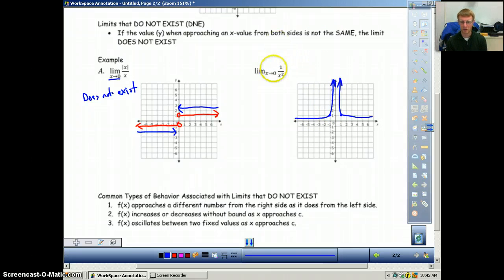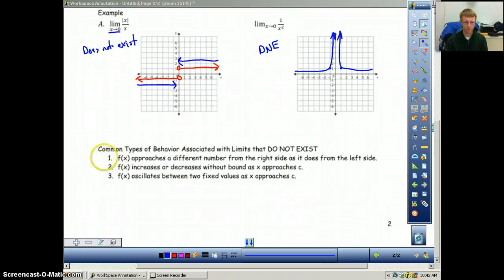Because they're not going to a defined point, even though they look like they're going to the same thing, we still can say that this does not exist because they are going to an undefined point. It's an undefined number, and they're not converging on the same number necessarily. So we say that this does not exist. We will learn something a little bit later about infinite limits and how we can change that. But those are two examples of things that do not exist.